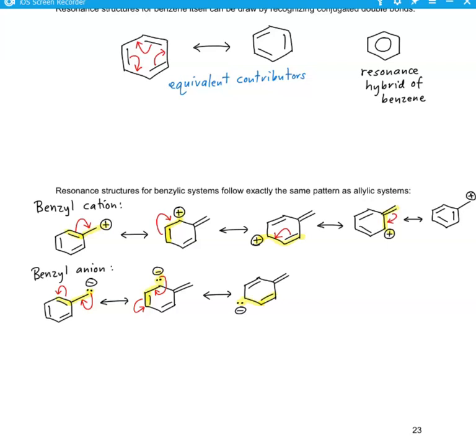We have another allyl anion, so we're going to continue. And you can imagine where this is going.